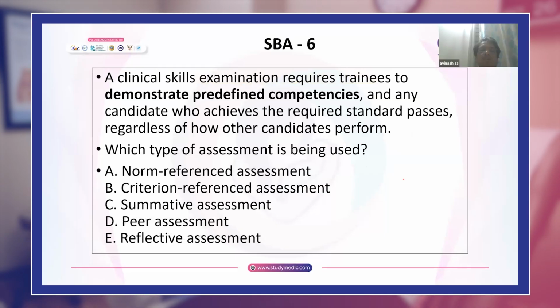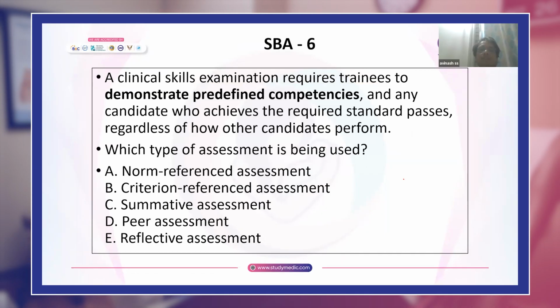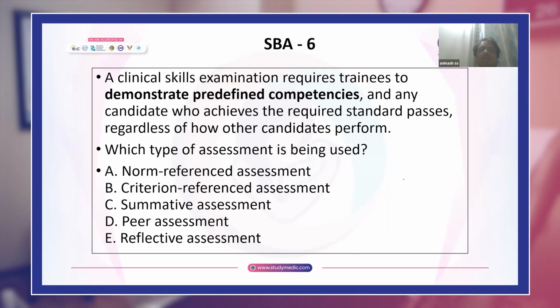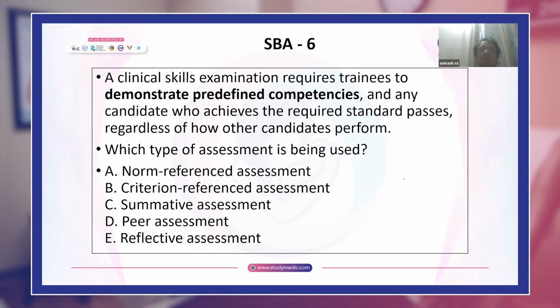Now, another type of assessment: a clinical skill examination requires the trainee to demonstrate predefined competencies. Any candidate who achieves this required checklist passes regardless of how other candidates perform. Here the performance of the other candidates is not influencing the performance of the individual. They only see whether basic minimum competency is met or not.